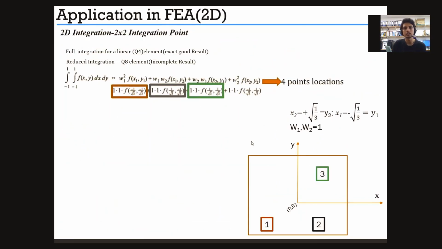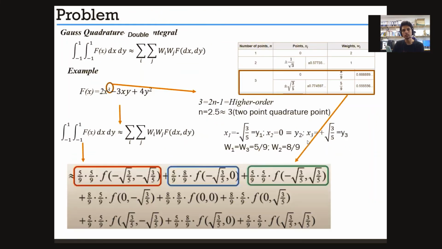In the previous case, we got x1, y1, x2, y2. So from 2 into 2, we have got 4 points. Now in this case, we have 3 values of x and 3 values of y, so we will get 3 into 3, 9 points.